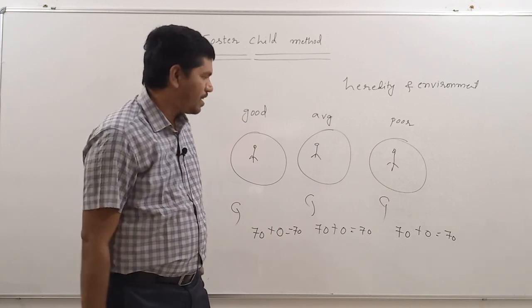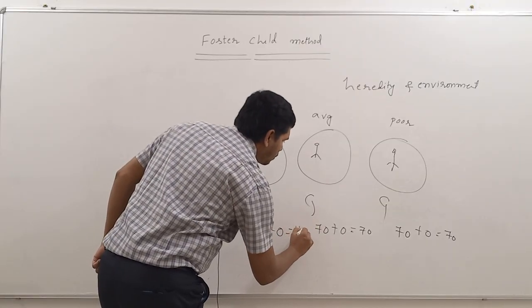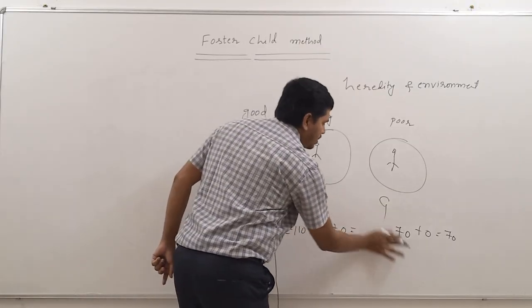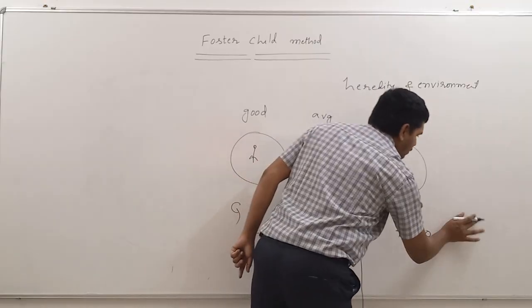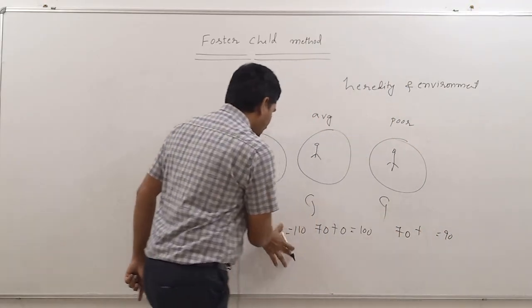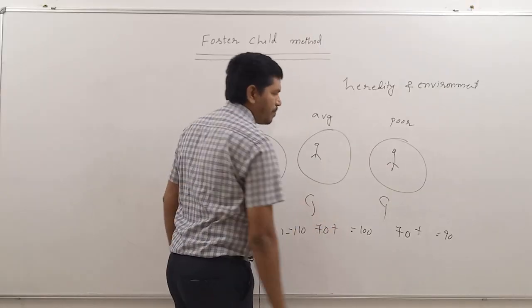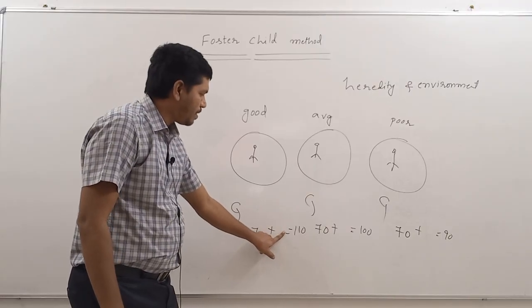But if they develop variation, say for example, here if there is an IQ of 110 points, here an IQ of 100 points, here an IQ of 90 points, the genetic element is the same. Now tell me what must be the number here.